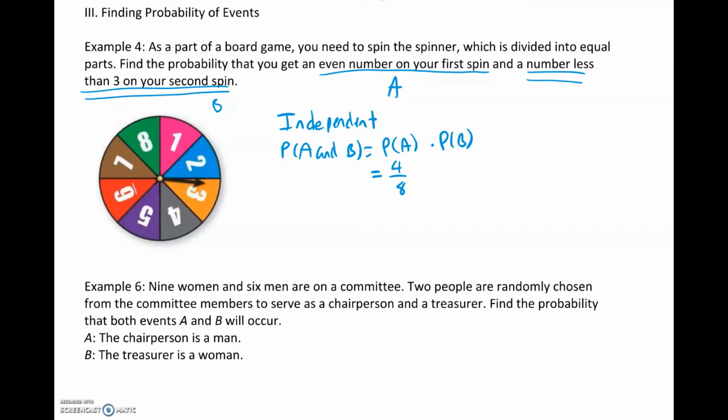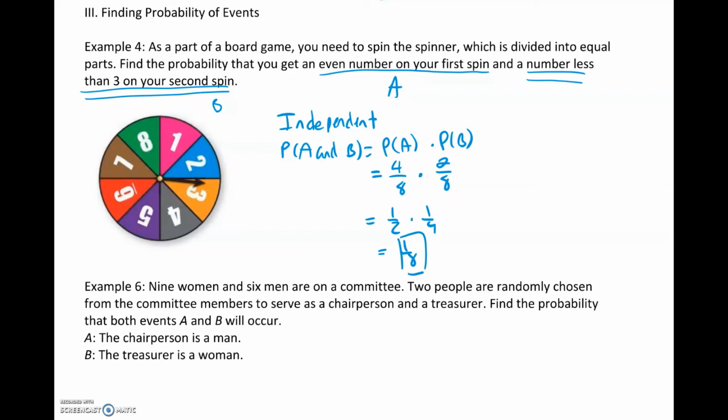Now, forget the evens, right? How many numbers are less than 3? 2. 2 out of 8. So that's the probability of B. What we're going to do is multiply them together. And there we have our answer. So nice and easy if it's independent. So that'll be 1/2 times 1/4, or just 1/8.